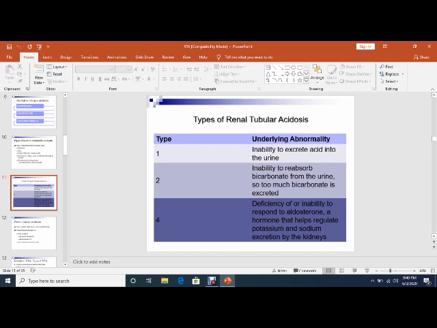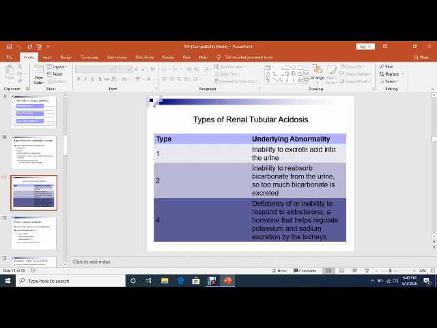In type 4, there is deficiency of or inability to respond to aldosterone. Already said that it is also called hyporeninemic hypoaldosteronism. Type 4 RTA commonly takes place in diabetic patients or patients who are using NSAIDs.